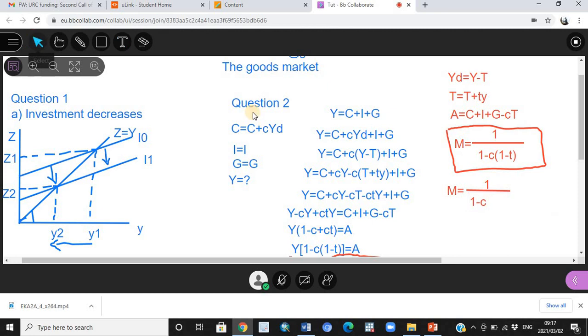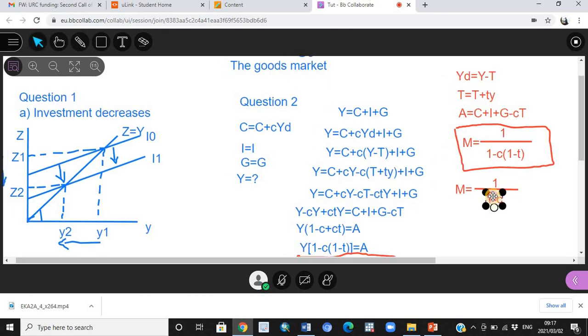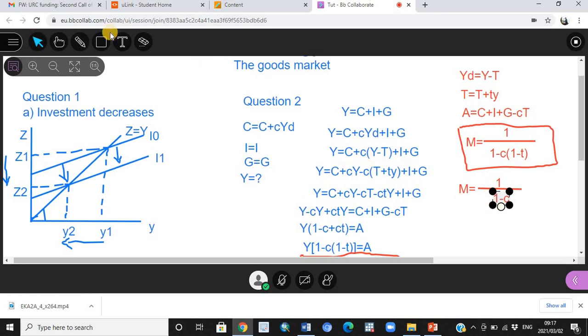But when does this happen? This happens only if our tax is equal to autonomous tax.